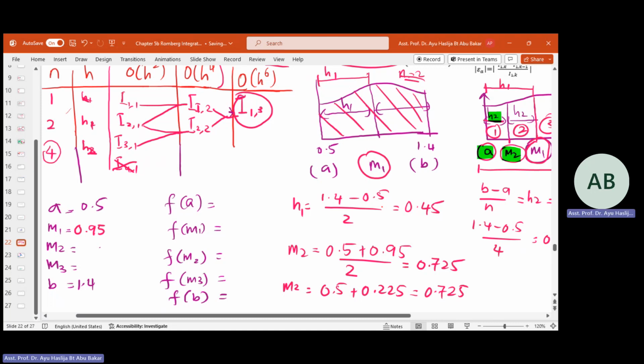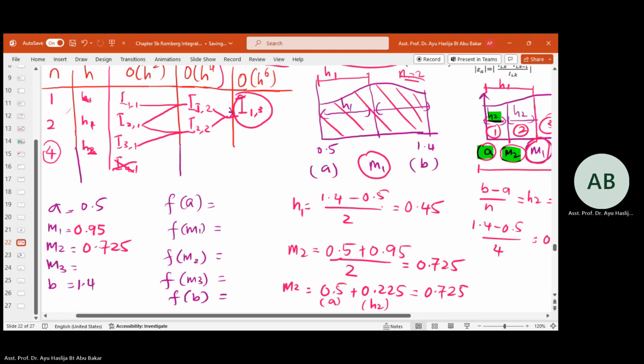If you choose to use the midpoint calculation like this, so actually you don't need to find the H. But if you want to use the H plus the previous point, this is A plus H2. Okay, so your M2 is 0.725.